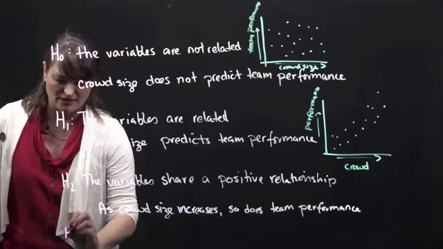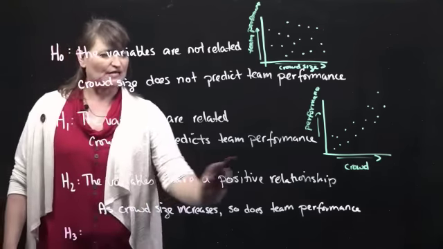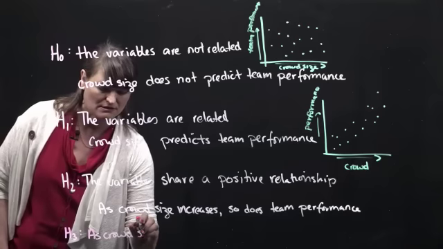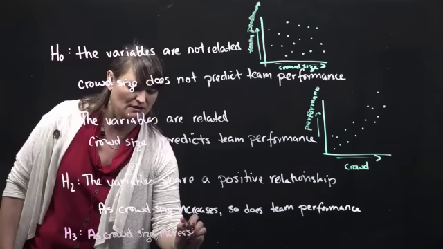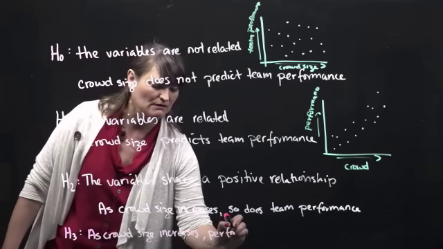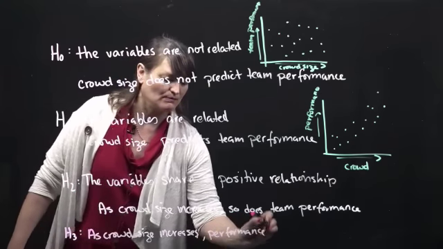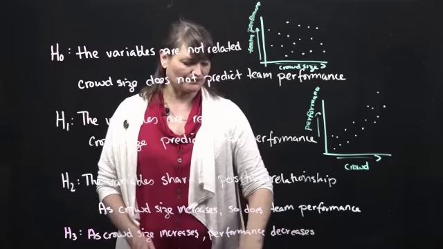I suppose we could be predicting a negative relationship. We could have a relationship that says the variables share a negative relationship: as crowd size increases, performance decreases.